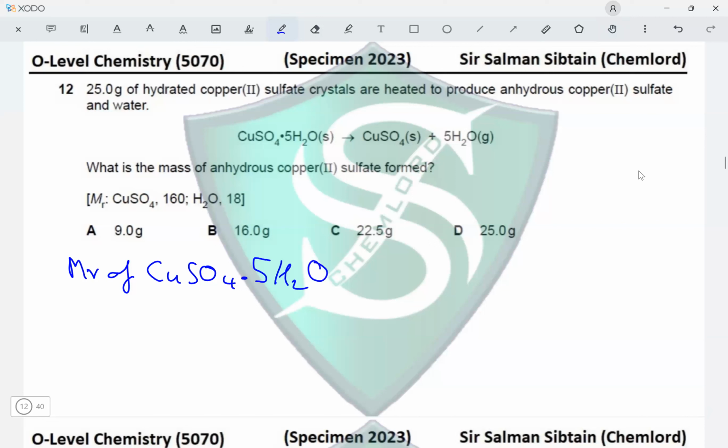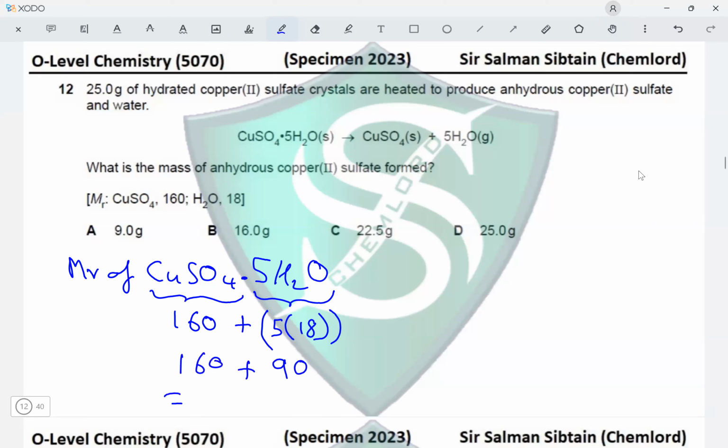CuSO4.5H2O. For this, the MR of CuSO4 given is 160, which we will add to the MR of water given, which is 18. And since there are 5 moles of water, we multiply it by 5. So 5 into 18 gives us 90. And we add 90 to 160 to end up with the MR of hydrated copper 2 sulfate as 250.